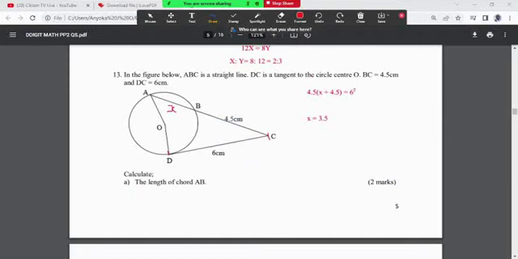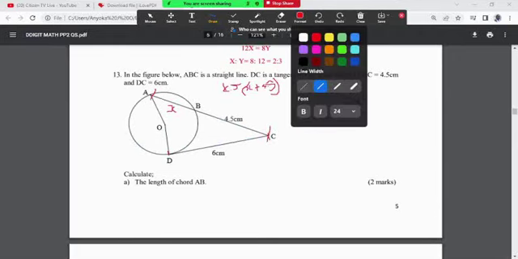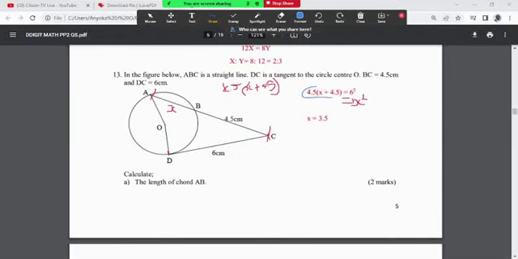The chord AB produced meets the tangent at C. So we normally take DC squared equals A to this point of intersection, it is X plus 4.5, times B to the point of intersection, 4.5. So this statement is coming from there.